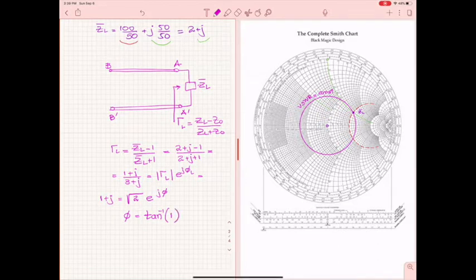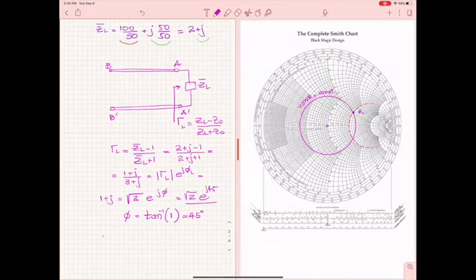And how much is the inverse tangent of 1? It's an angle. 45 degrees. 45, yeah, of course, thank you. I should remember that. So this one gives us square root of 2 e to the j 45.